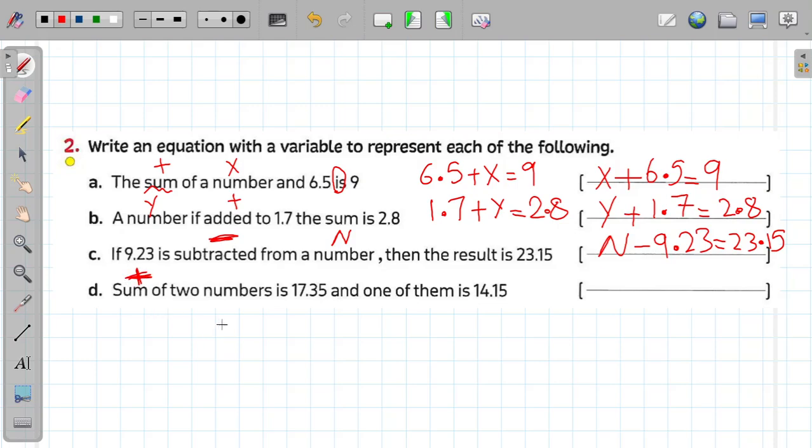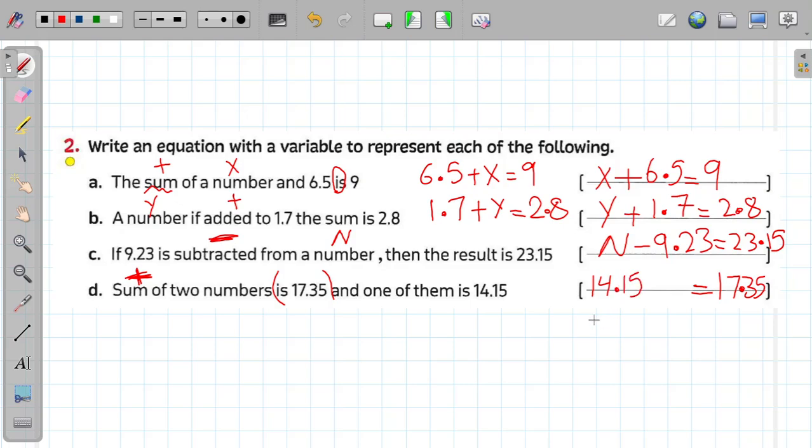The sum of two numbers is 17.35. "Is" means equal to, so I will say it's equal to 17.35. But he says one of them is 14.5.